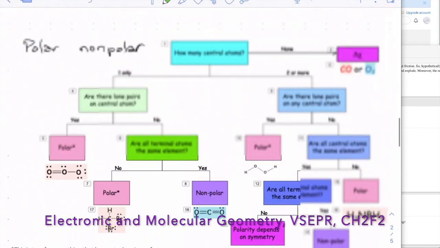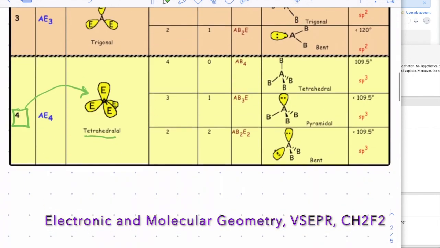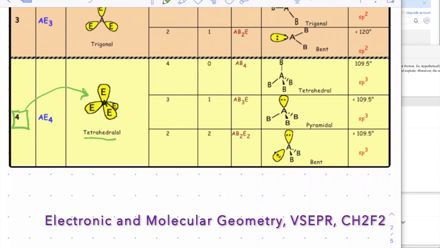So if we go back to our chart, we can see that we have a tetrahedral skeleton, but 4 bonded atoms at the end, no lone pair. Our molecular geometry is tetrahedral.